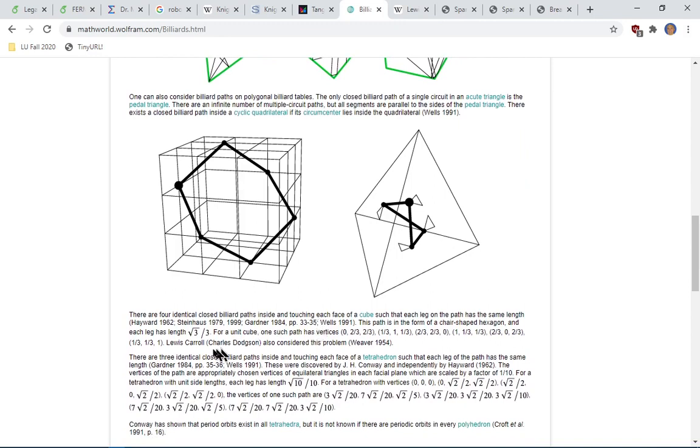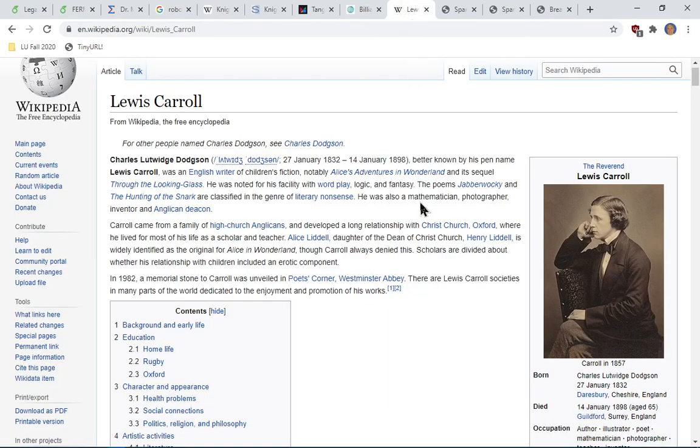And here is a name that I was surprised to see: Lewis Carroll, who is the author of that famous Alice in Wonderland. He has also worked on this problem, so that's a big surprise that this person has a track record in mathematics. He was actually a mathematician and he was an author.